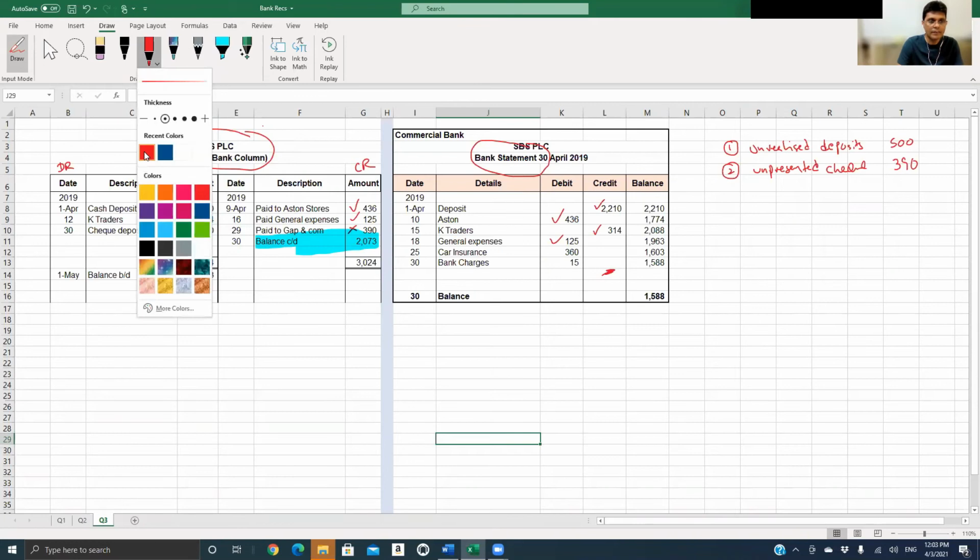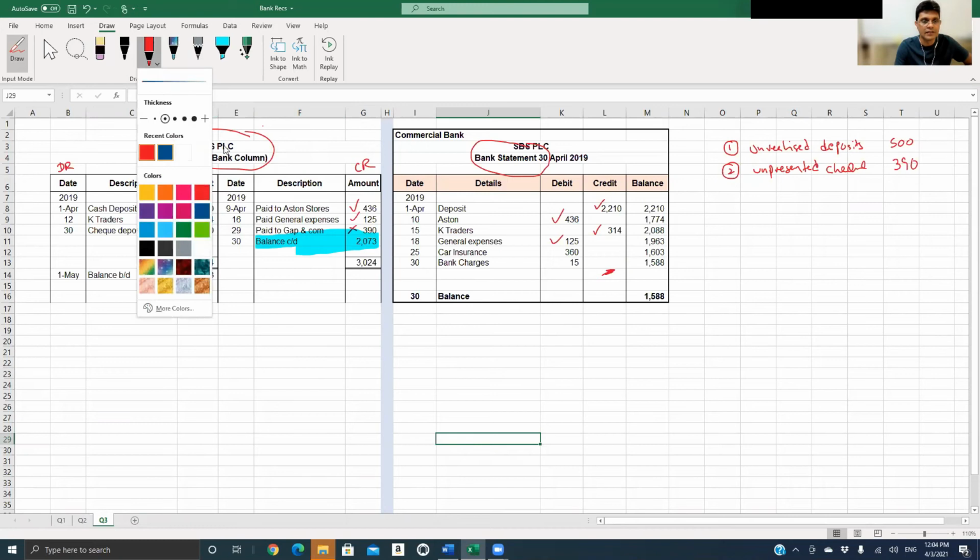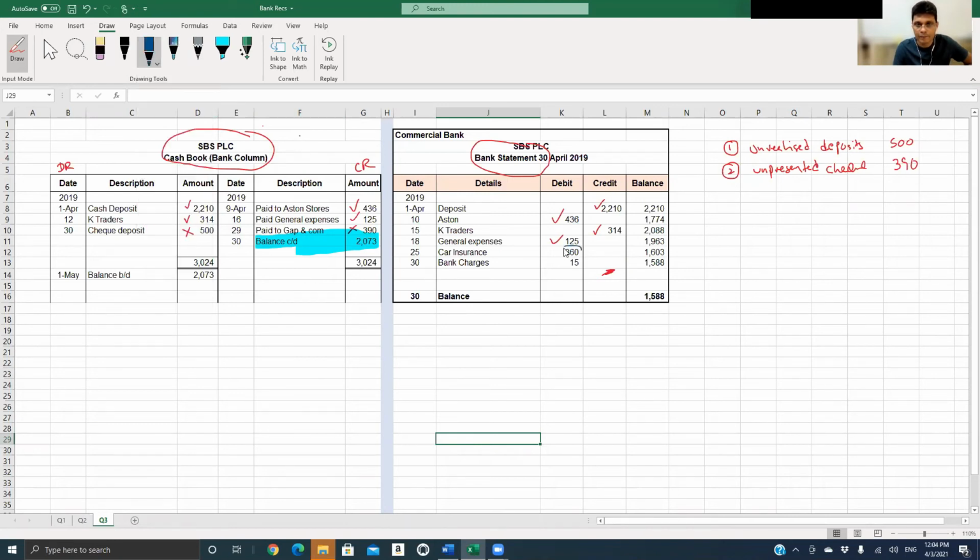Now what has happened, Puta? Still, in the bank statement, there are certain entries we did not tick. What are those? Can you tell me? Car insurance and bank charges. These are special transactions.